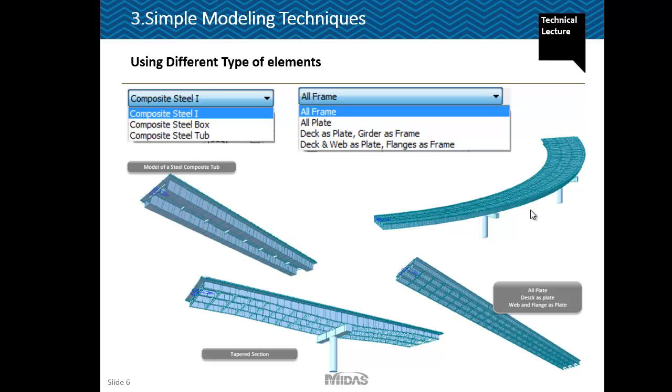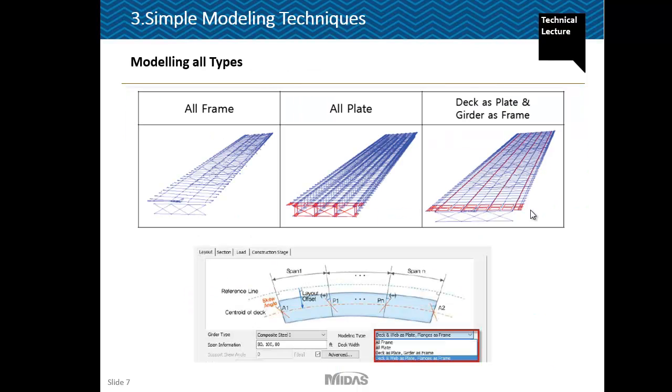Not only this, we can have combinations as well. If you're interested in having the slab as a plate and girder as a frame, that is possible. We have some special options like resultant forces, which will give you the resultant of the beam and the plates acting together, and also all of them as plates as well. You can also have tapered sections.